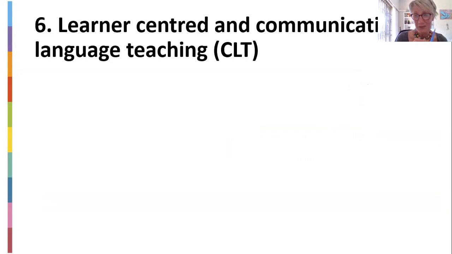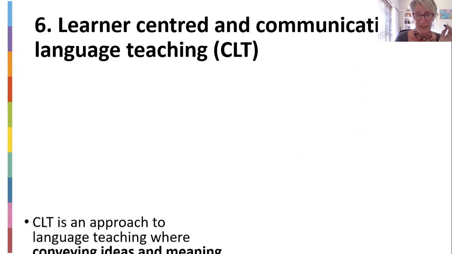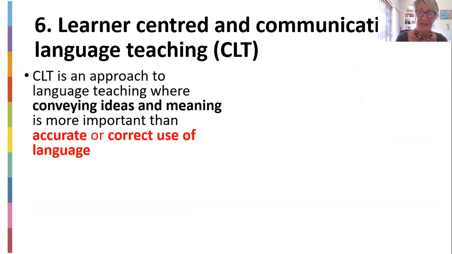Right, we come into 6, we've got 7 to do, I'm nearly finished. To make sure that our language is learner-centered, not the teacher needing to learn how to speak, but the students, the learners learning how to speak. And this is why communicative language teaching as an approach is so important. This is what assignment 1 is based on. So CLT is an approach where you convey meaning and ideas.